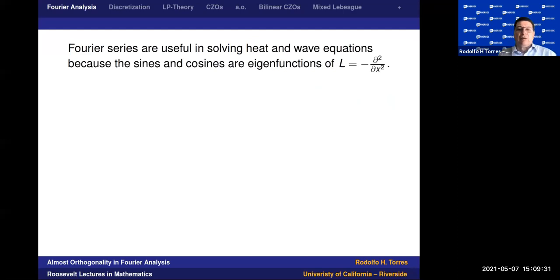One important thing to remember, and you may have seen this in an elementary course in partial differential equations, is that using separation of variables, you can solve the heat and the wave equation using a Fourier series. The secret behind this is that the sine and cosine are eigenfunctions of this second order differential operator. And that is what makes many of the things work.